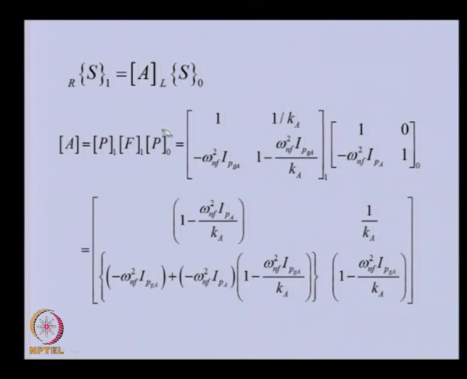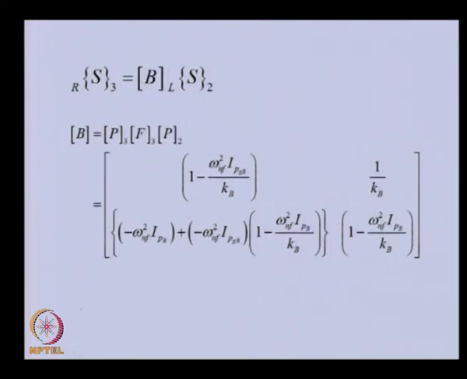In this case you can see that if we multiply these, we will get this expression for branch A, and for the other shaft similarly we can get the overall transfer matrix. Multiplication of this will give us this expression.